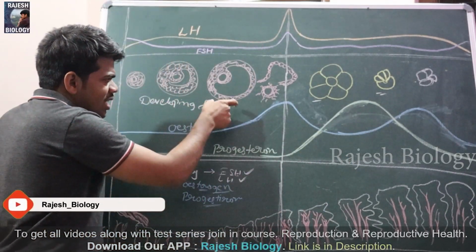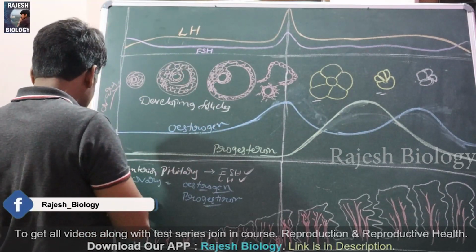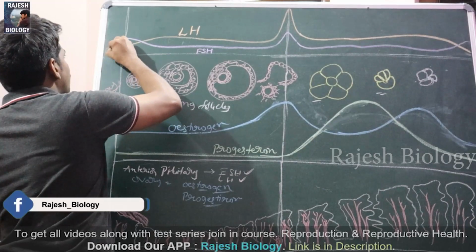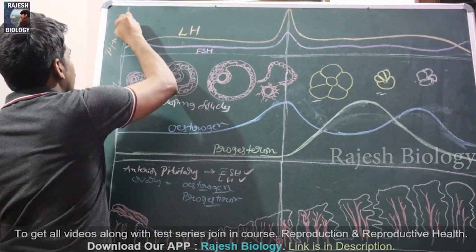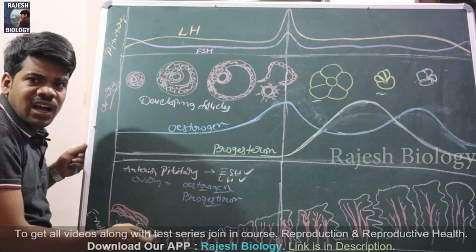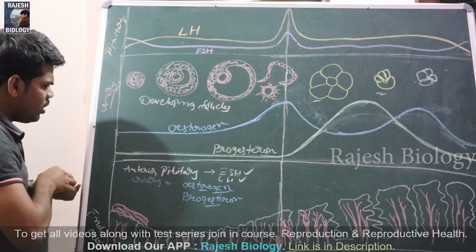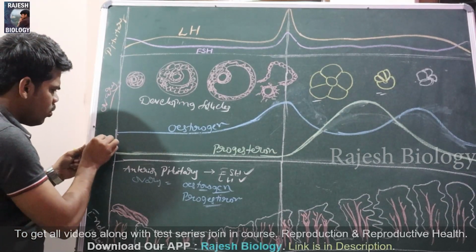Ovarian changes are controlled by what? Pituitary hormones. Likewise, endometrial changes are under the control of the ovarian hormones.